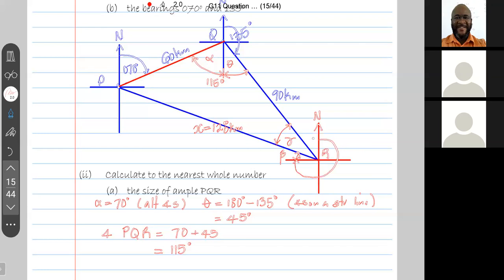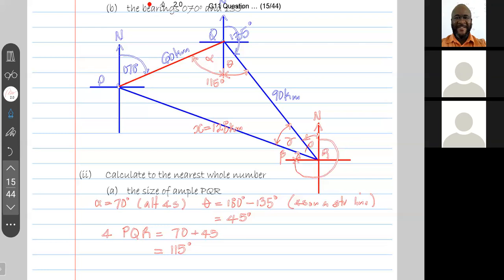Now, we're going to find this angle, and we need this angle as well. Let's call it rho. We need those two angles. Then to get our answer, we're going to add those two angles and take it away from 360 degrees.